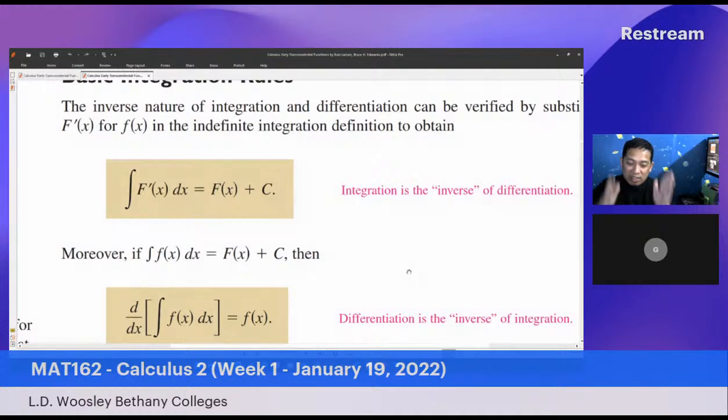Hindi mo alam yung eksaktong area ng function. Kaya meron kang constant. That would be a general solution. Unless otherwise, there is already a lower and upper limit for you to have a definite integral. But since it's indefinite, there is a general solution. To represent the general solution is to put letter C. So maraming antiderivatives, pero pag kinuha mo yung derivative of function, isa lang yun.